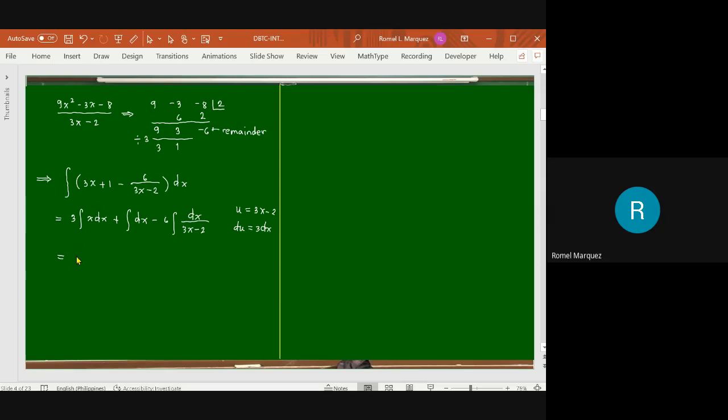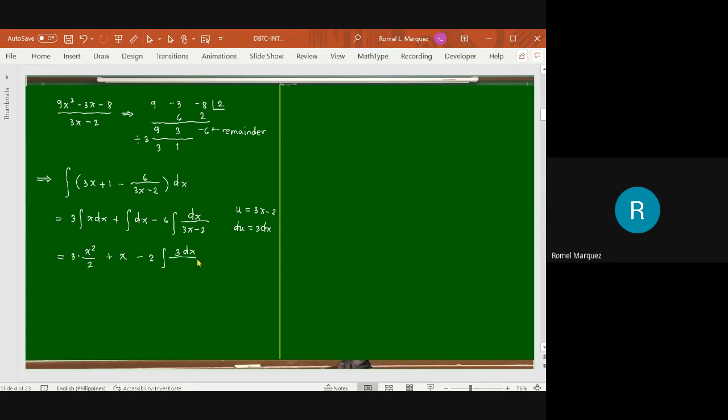So for the first integral, we have 3 times x squared over 2, and then plus the integral of dx, that is x, minus 6 times ln of. I am going to split the 6 into 2 times 3, and then give the 3 inside. Is that clear, children?